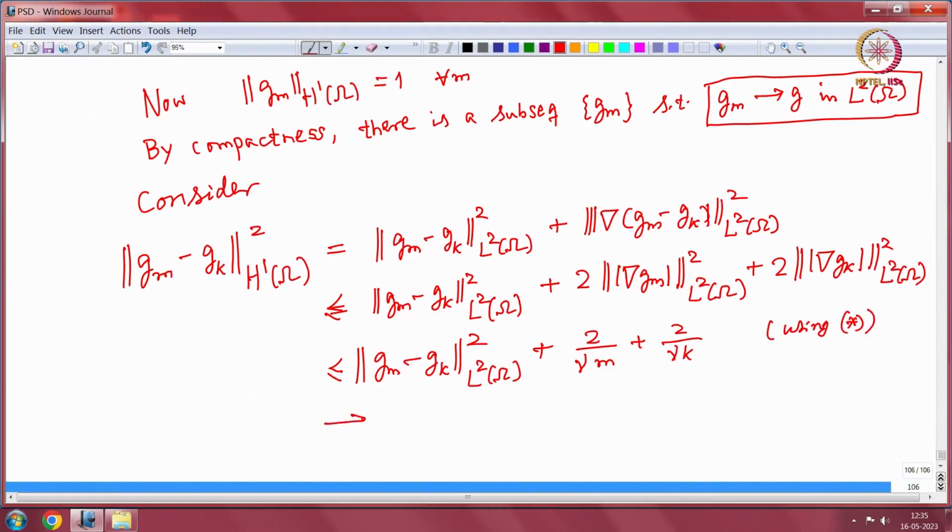And that goes to 0 as m and k go to infinity.